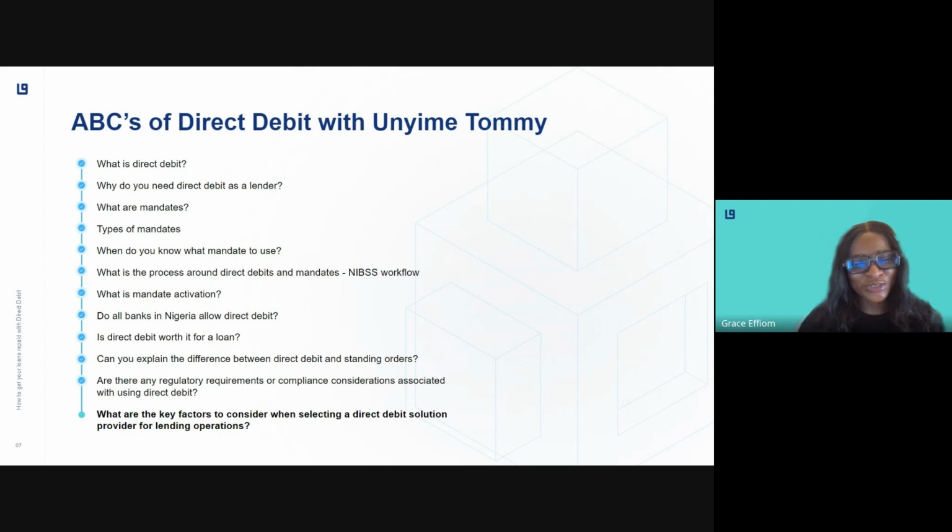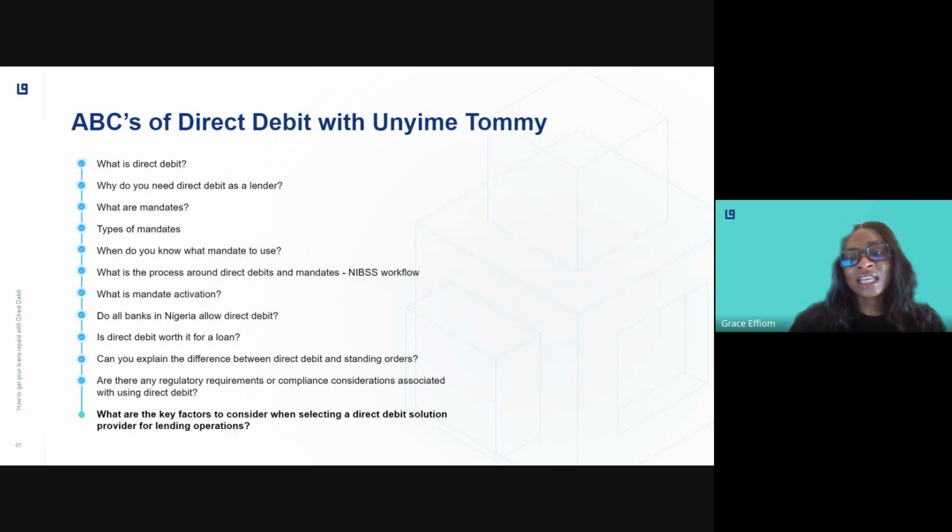So I'm really going to dive into more scenarios when it comes to direct debits. The idea behind all of this is, how can I get the money repaid from borrowers? But I am also thinking about the compliance part of it.